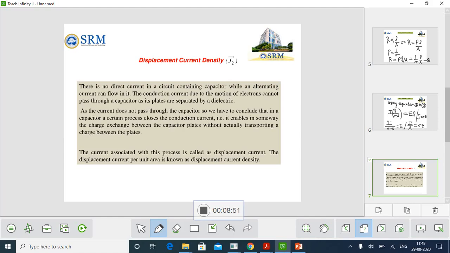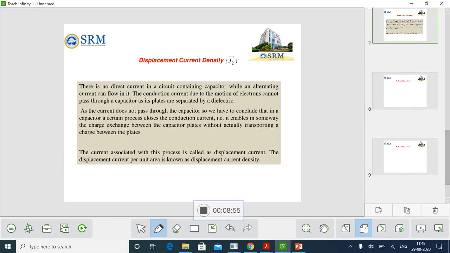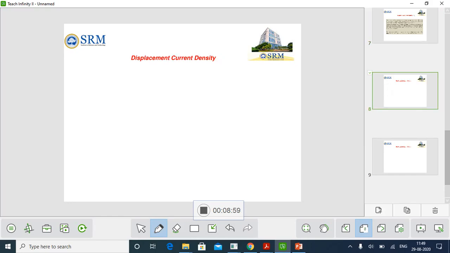Now we would like to derive the equation of displacement current density. For the capacitor, the current is given by I equal to dQ divided by dt.